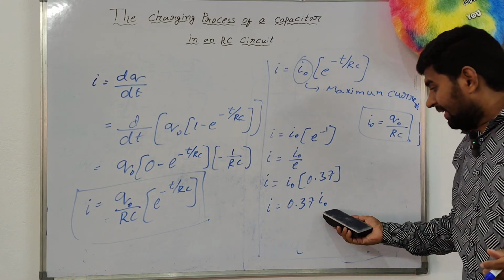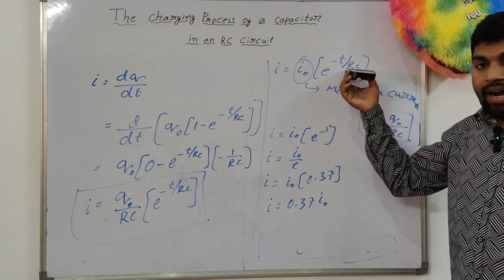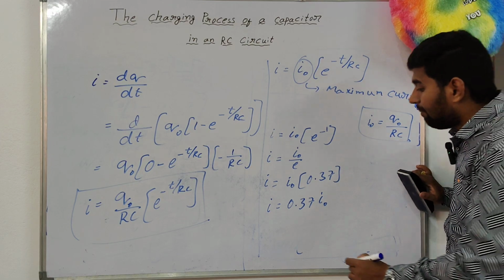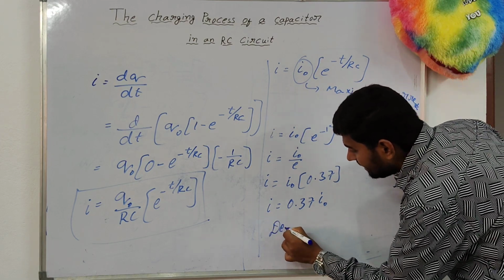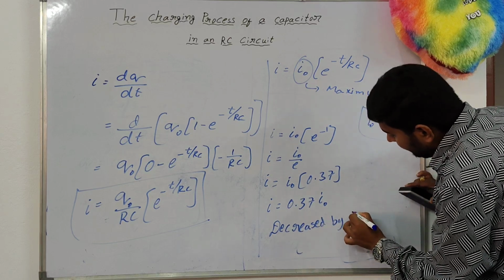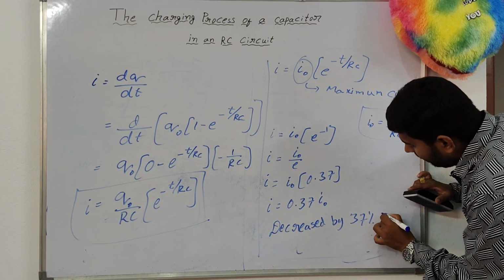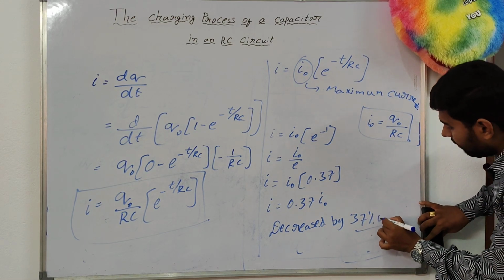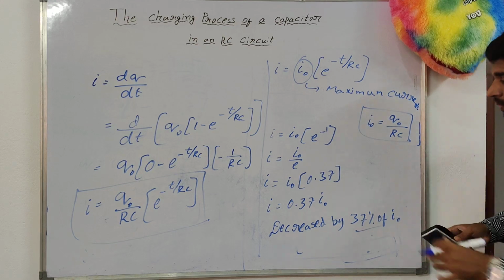In this case, if T is equal to RC, the I is decreased by 37 percentage of its maximum value I naught. Is that clear?